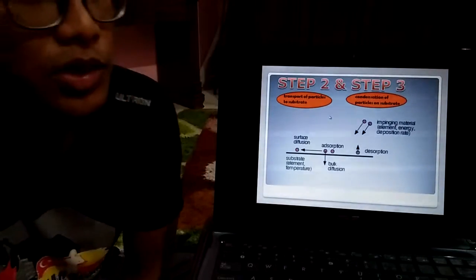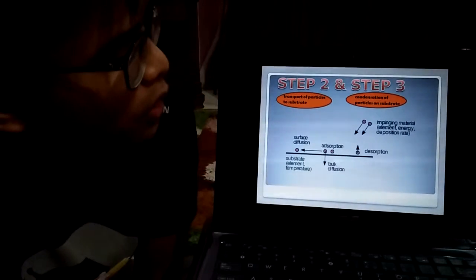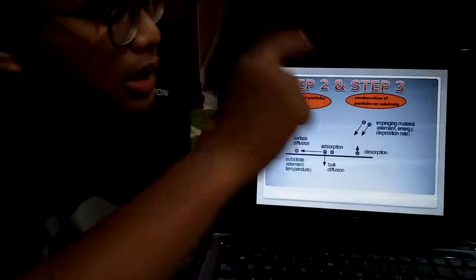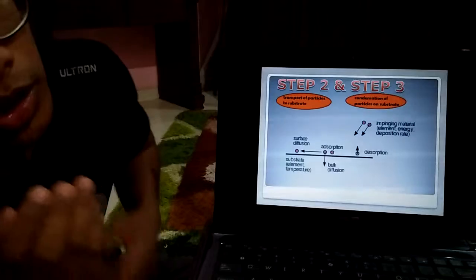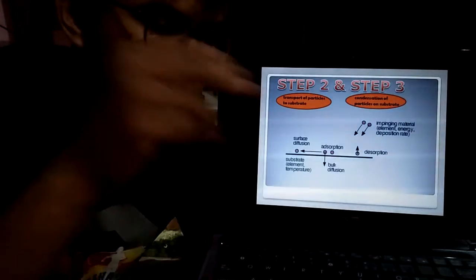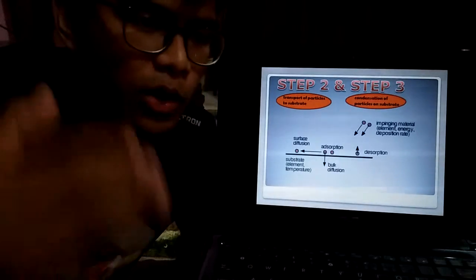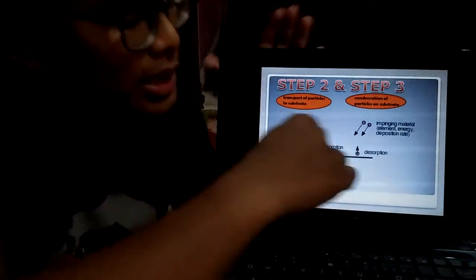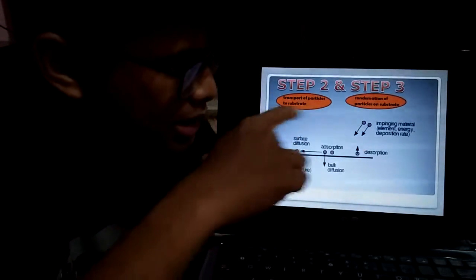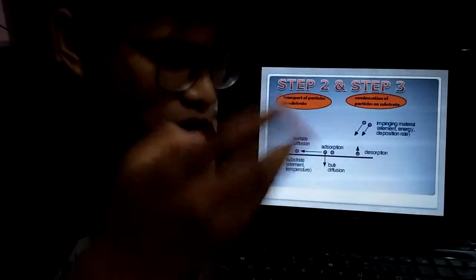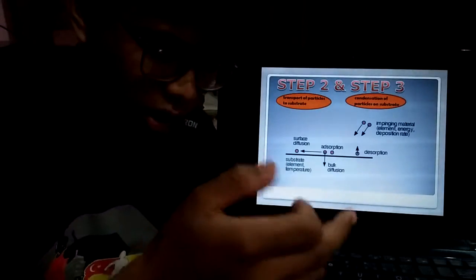Step 2 and step 3. Like I said just now, the second step is the transport of particles towards the substrate, and the third step is the condensation of particles on the substrate. The condensation of particles on the substrate consists of many more processes, which I will explain later. This diagram shows both of these steps. The second step is right here, where the journey of the particles starts from their emission.